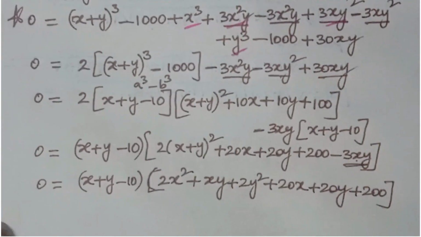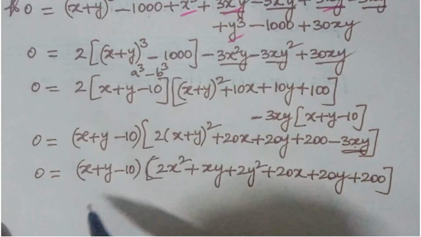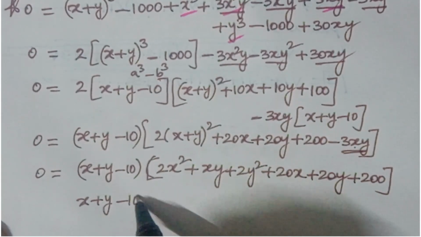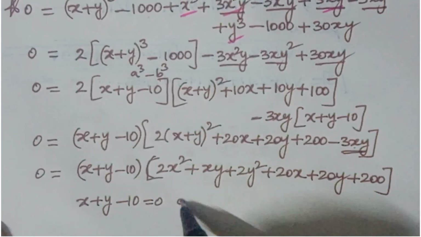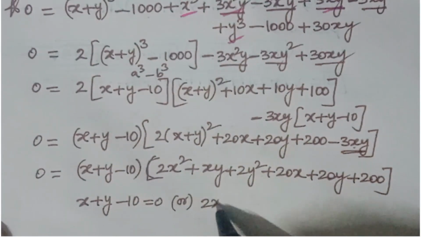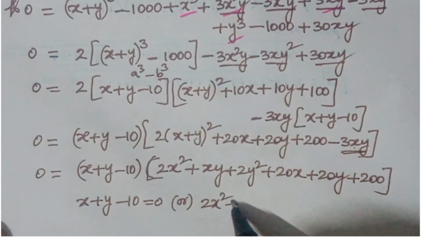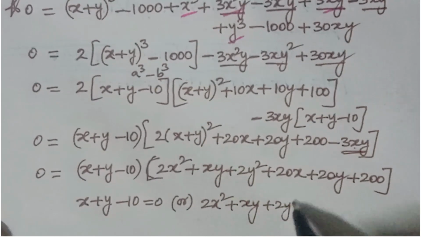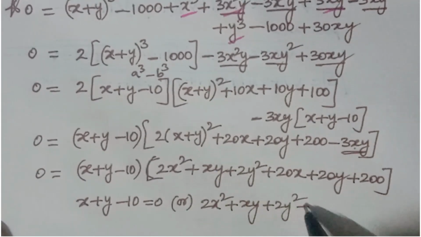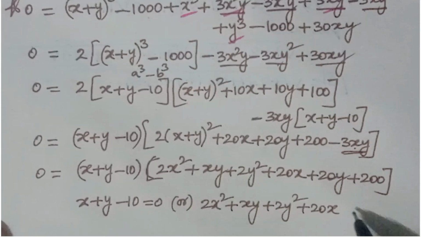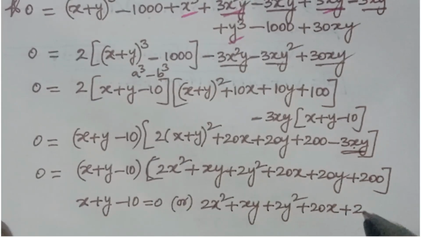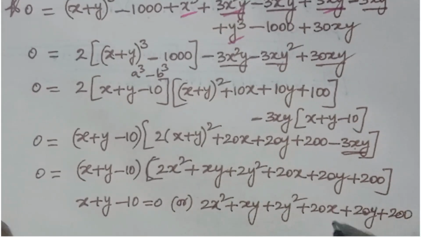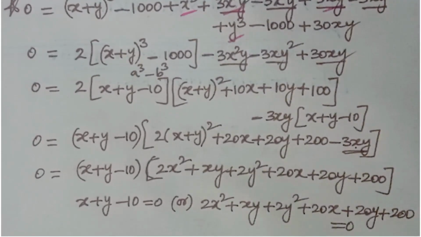So what will we get in the next step? x plus y minus 10 equal to 0, or 2x square plus xy plus 2y square plus 20x plus 20y plus 200 equal to 0.